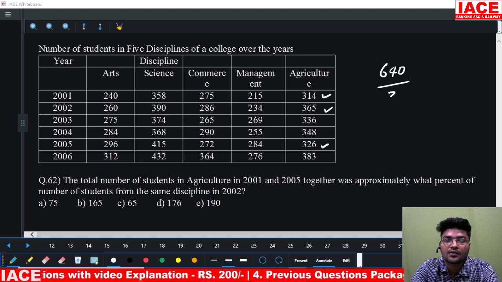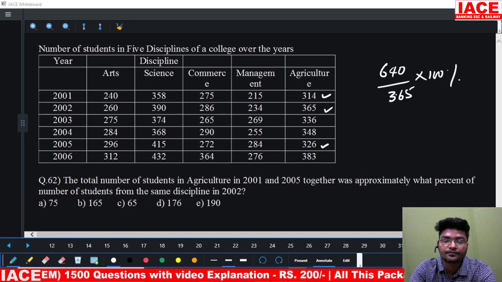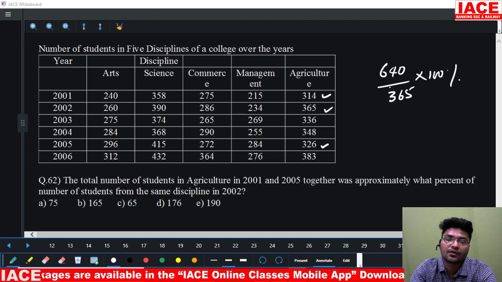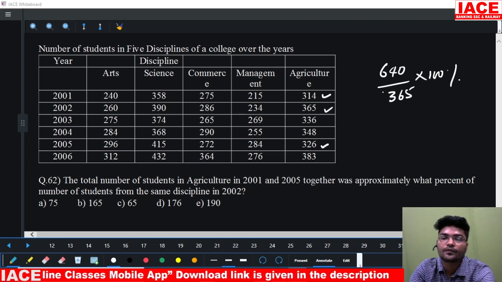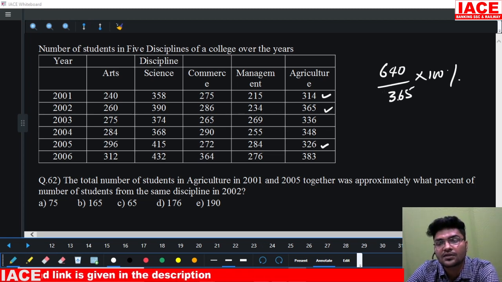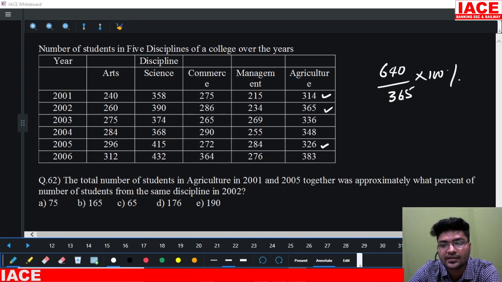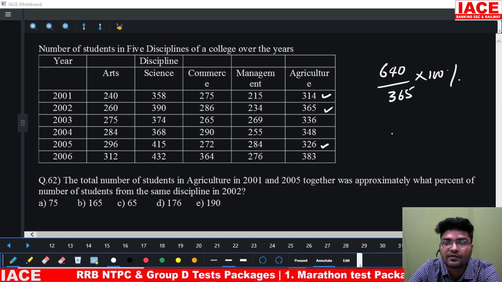So we divide by 365 and multiply by 100. That is nearer to double. How much less than double? About 80 less than double. 10 percent of 365 will be 36.5.